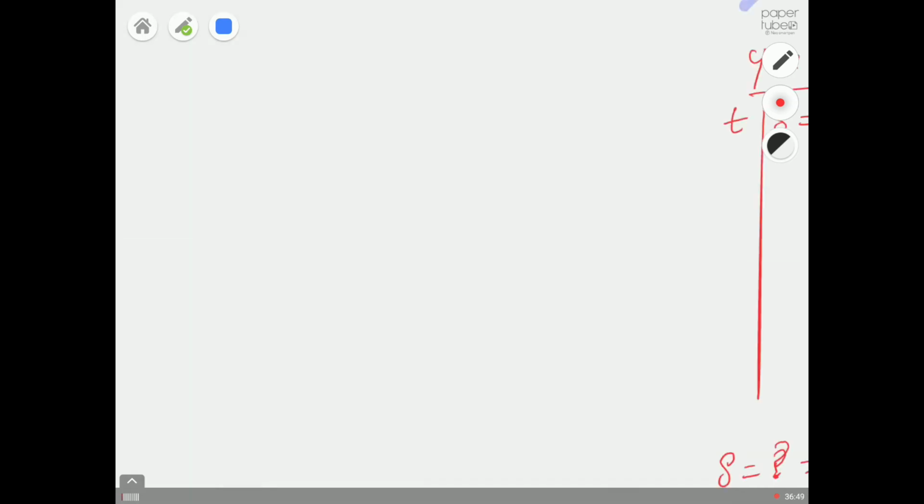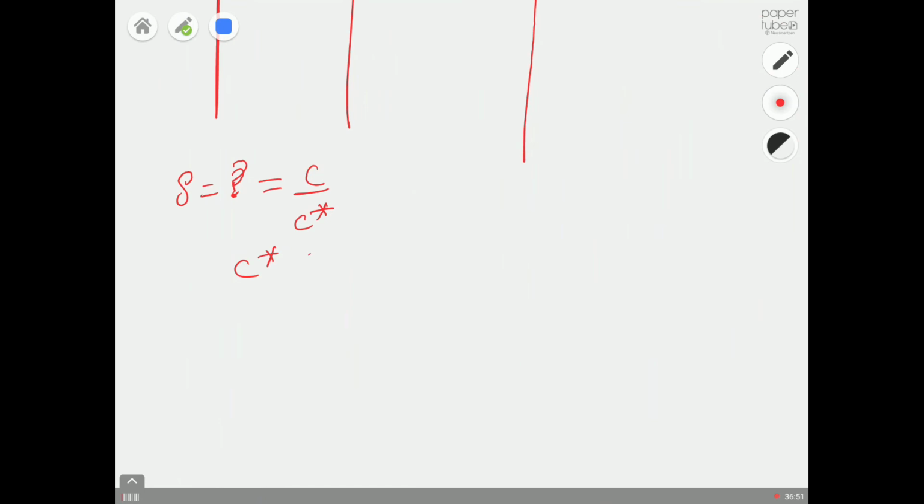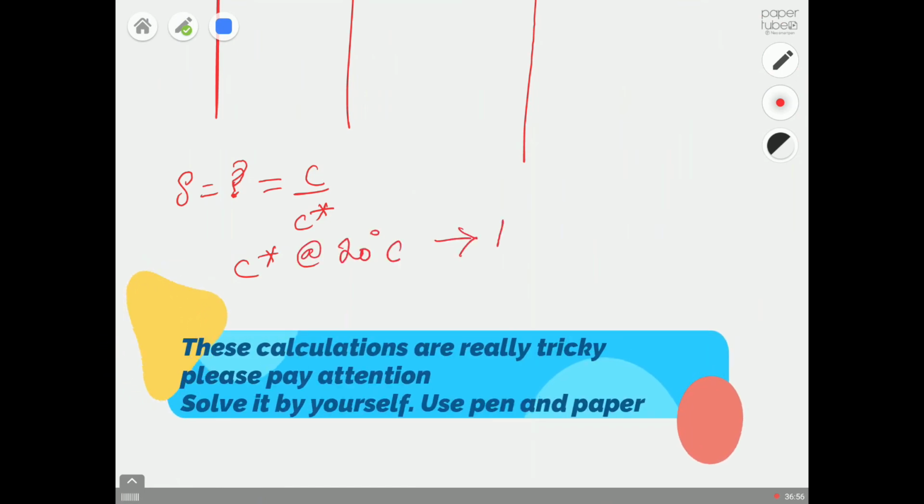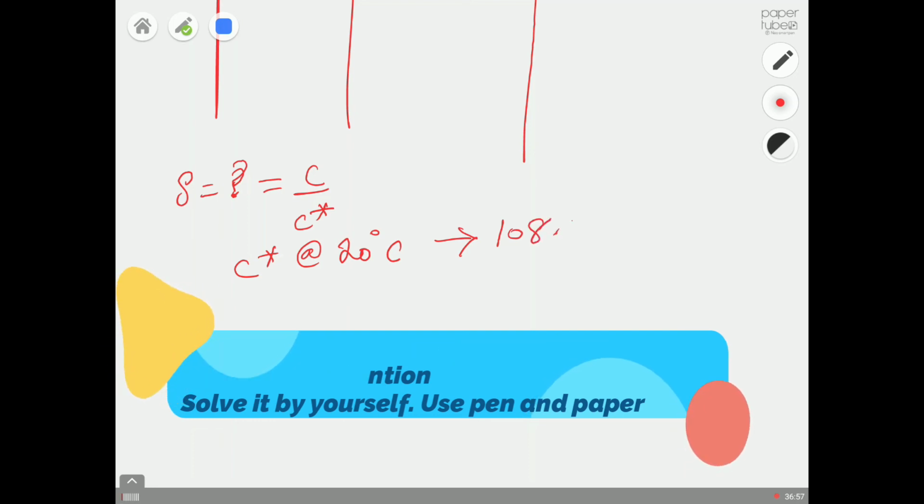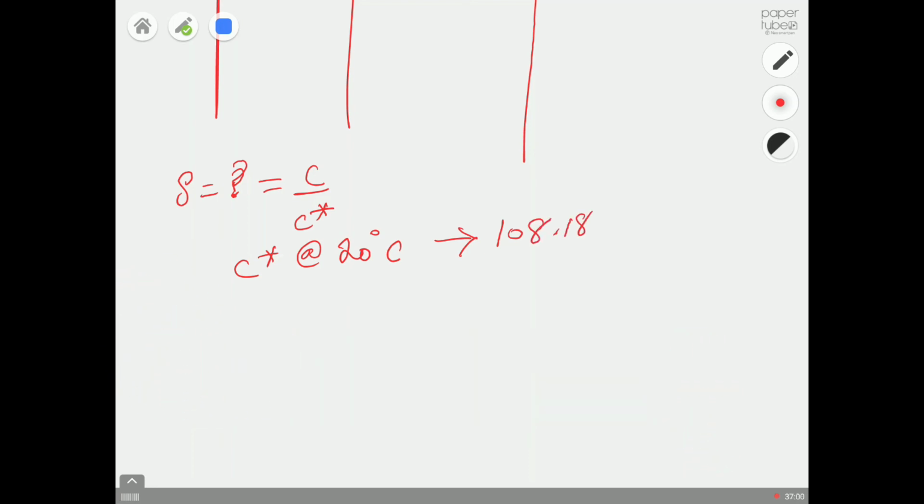So your C star for paracetamol at 20 degrees centigrade is 108.18, I think, yeah? Grams of paracetamol per kg of IPA.